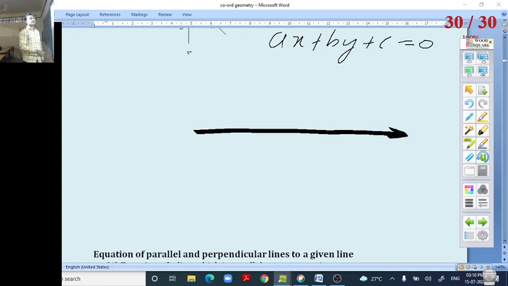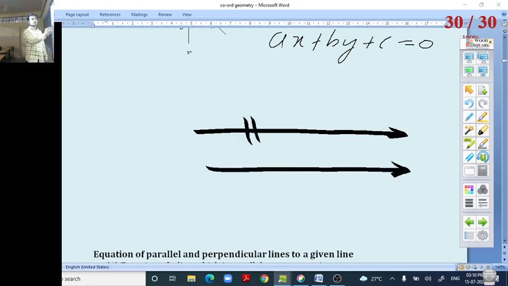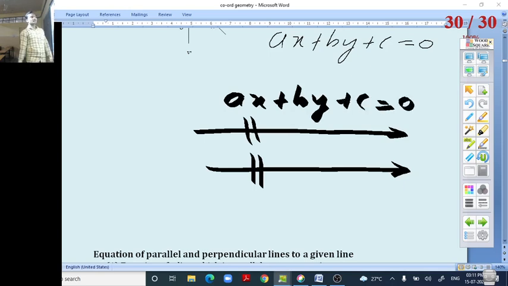This is ax plus by plus c equals 0. And what I am talking about is any line which is parallel to this, this is the symbol of parallelism. If this line is ax plus by plus c equals 0, then what is the equation of this line? We have to find.